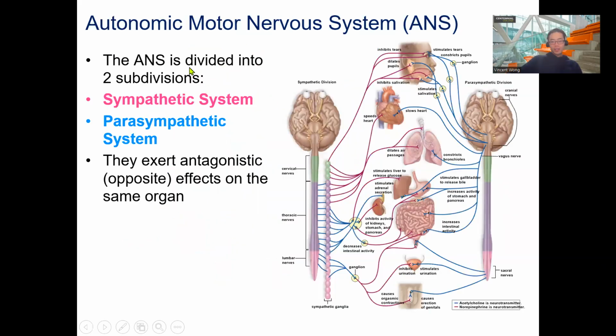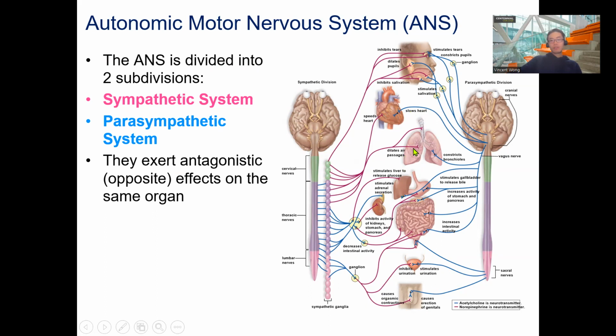So the ANS is divided into the sympathetic and parasympathetic system, and they exert antagonistic effects on the same organ. Going to the heart, like I said, the sympathetic system will speed it up, whereas the parasympathetic system will slow it down.